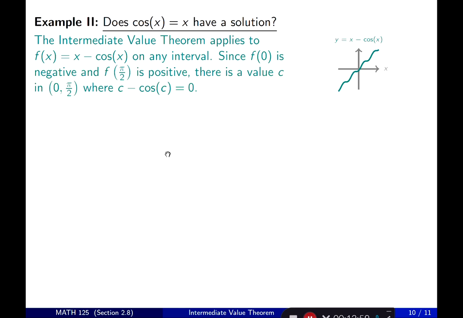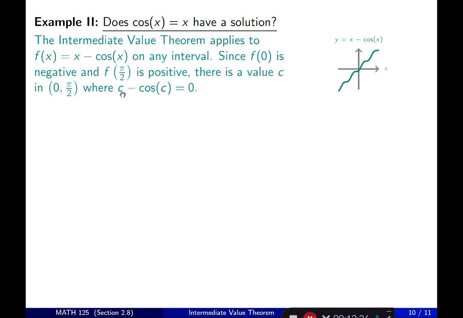And so interestingly, the difference function f at 0 is a negative value, and f of pi half is a positive value. So there is a c between 0 and pi half such that f of c is going to be equal to 0.